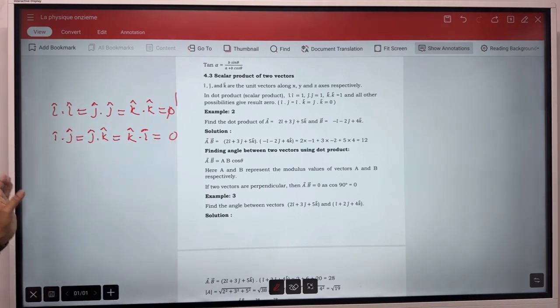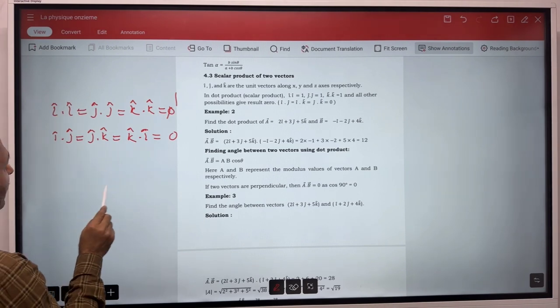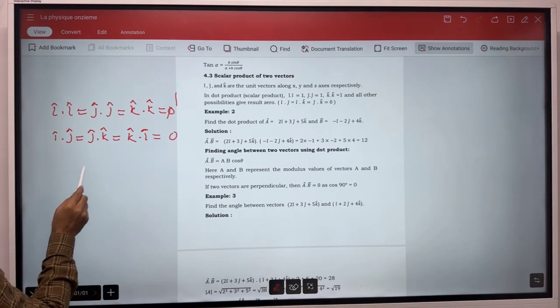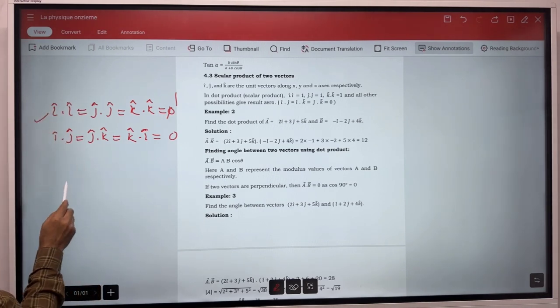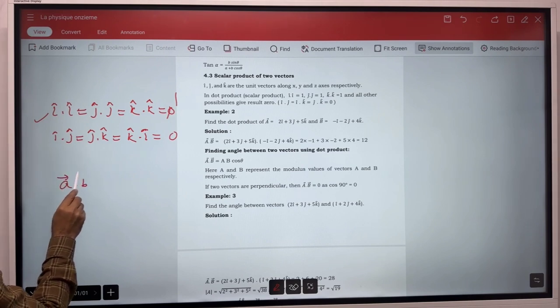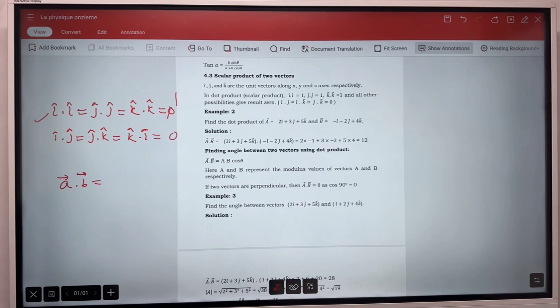When two vectors are same, in that case, I am going to explain you what is the basic concept behind this. So let's understand that first. Suppose you are given vector A dot vector B. A rule is there, you will write the magnitude of first vector, then magnitude of second vector.